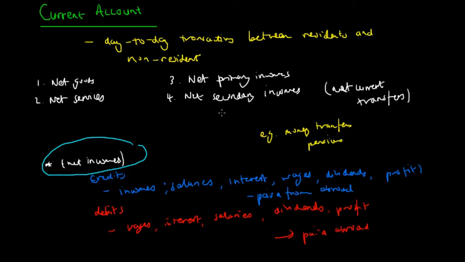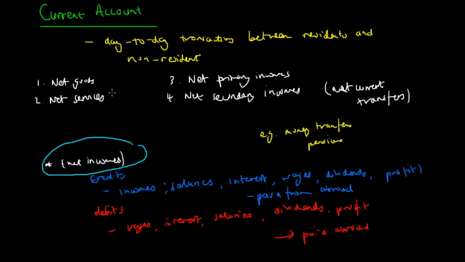So secondary incomes are different from other transactions in that they are only one-way transactions with nothing exchanged in return. As opposed to primary income transactions, salaries are paid in return for labor resources. Interests are paid in return for securities bought. Services are paid in return for the services provided, and for goods, the income is paid into the country to account for the goods provided.